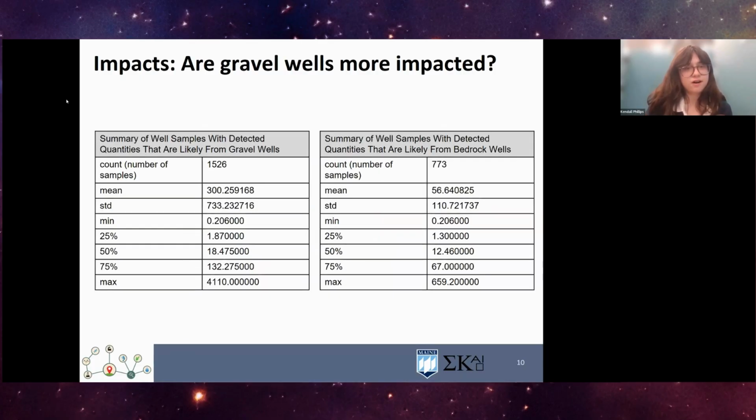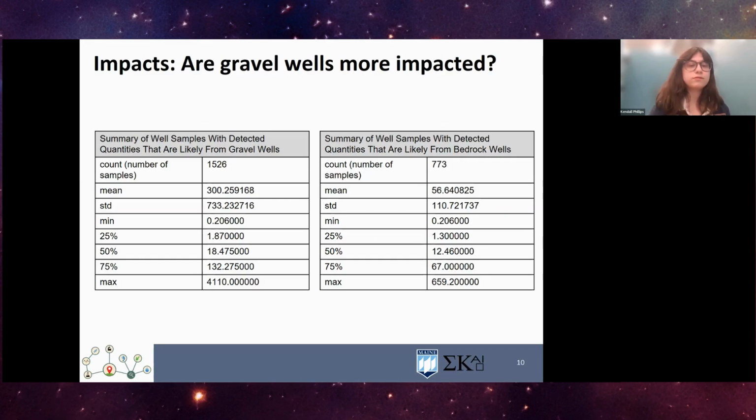So then here are 2 tables that summarize what the previous plot shows. On the left, there's a summary of well samples with detected quantities that are likely from gravel wells. And on the right, you have the same thing, but with potentially bedrock well samples. So you have the count.